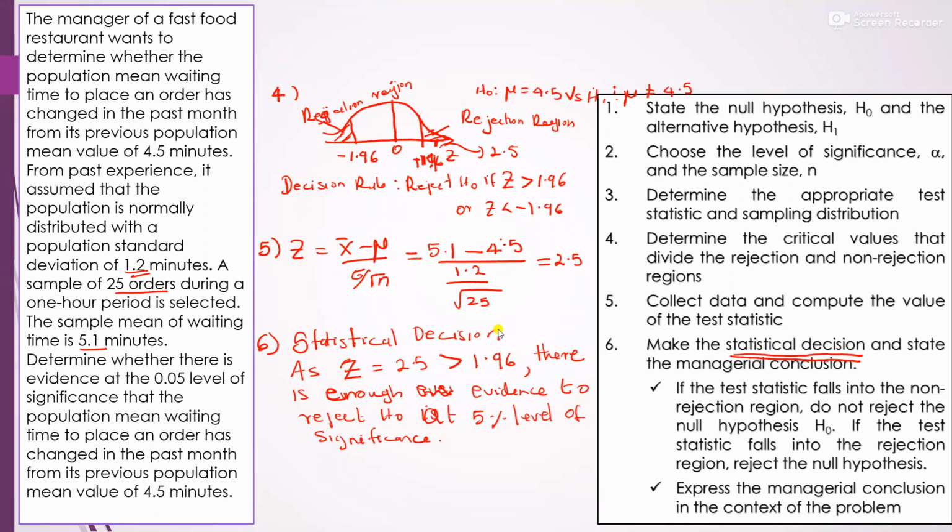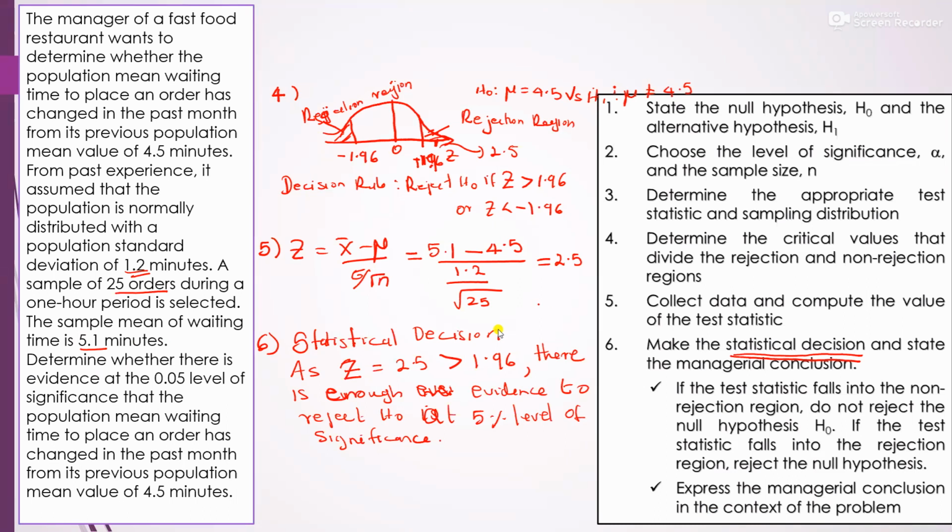Because we say that this mean value is coming from the population which has mean value 4.5. Under that assumption, we calculated this test statistic value. But now from the evidence, we got that this sample mean 5.1 is not possible to get from the population that has mean 4.5.